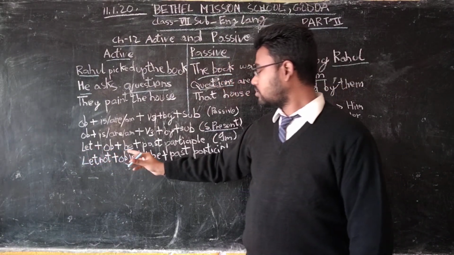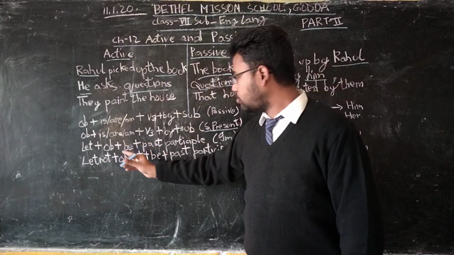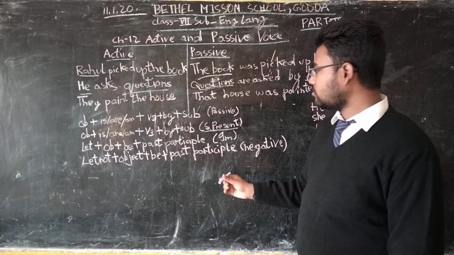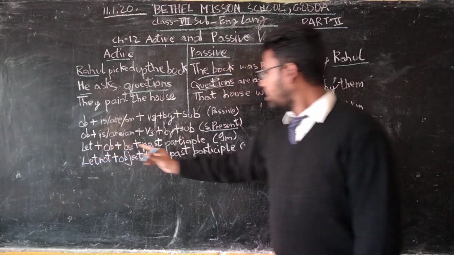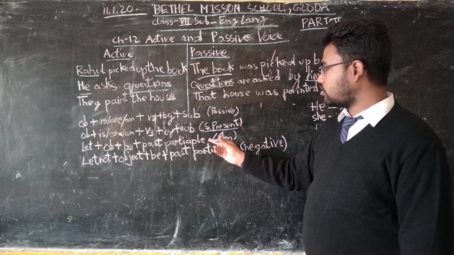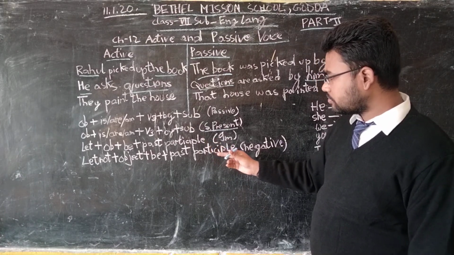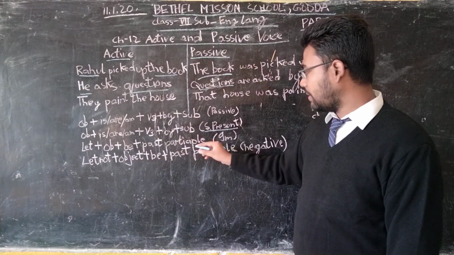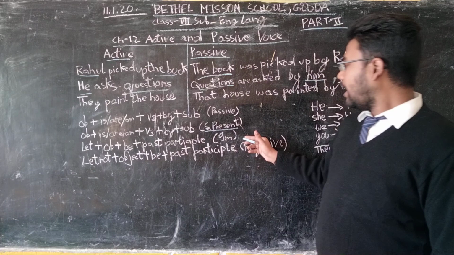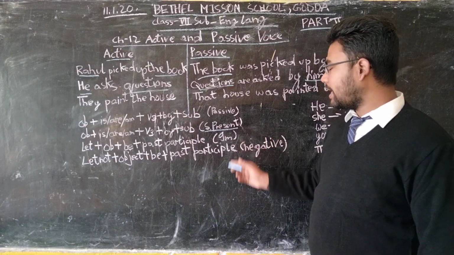Let plus object plus be plus past participle. This is the formula of passive voice, but it is used only with the past participle. Here I have already written past participle instead of V3. This is the formula for imperative sentences.